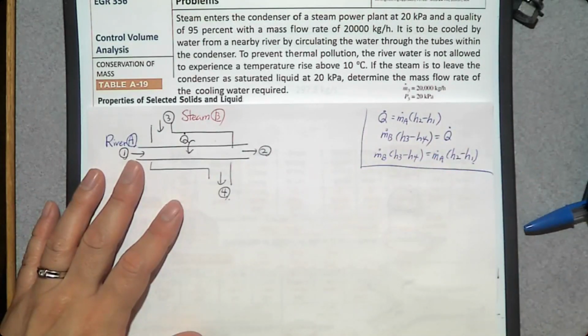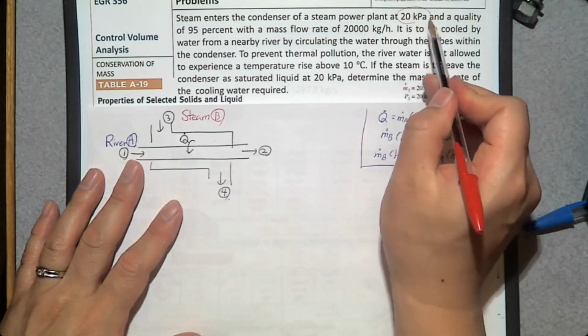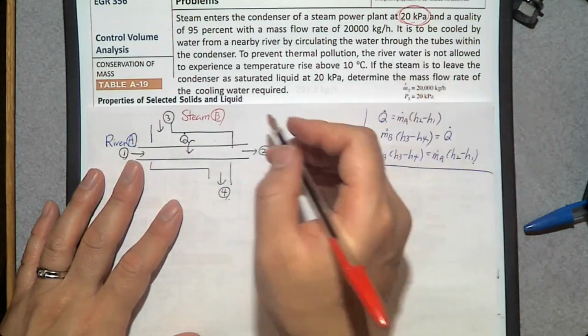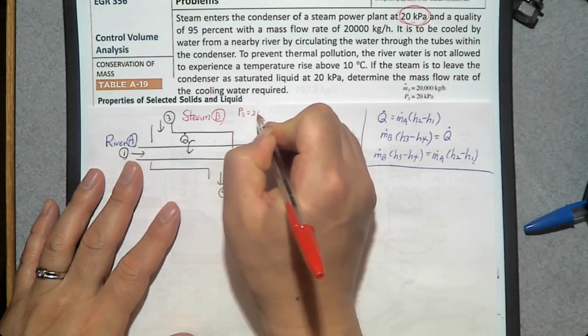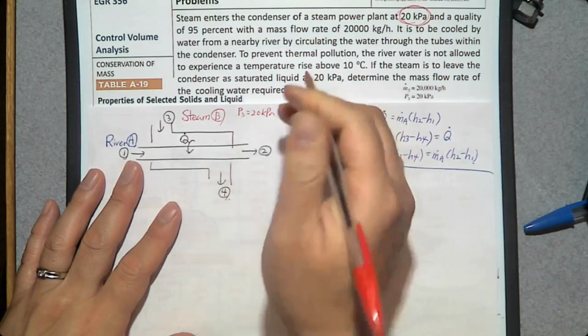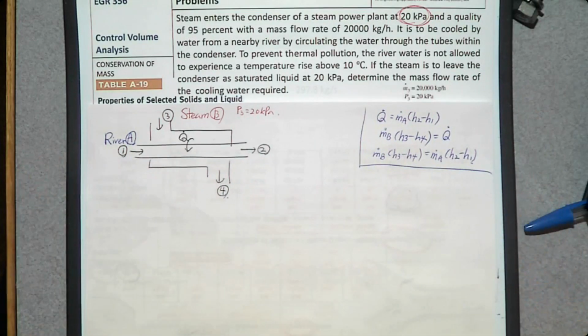So let's see, what do we know? We know the pressure of the steam. So P3 is 20 kilopascal and the quality. When do we have a quality x of 95%? When we have saturated mixture.